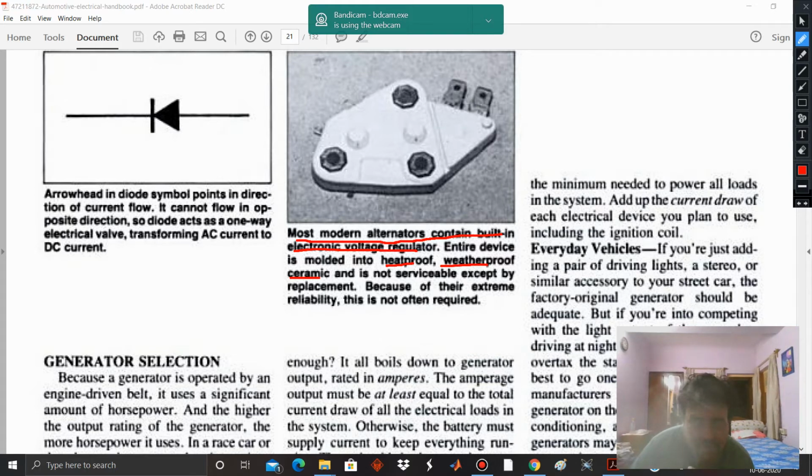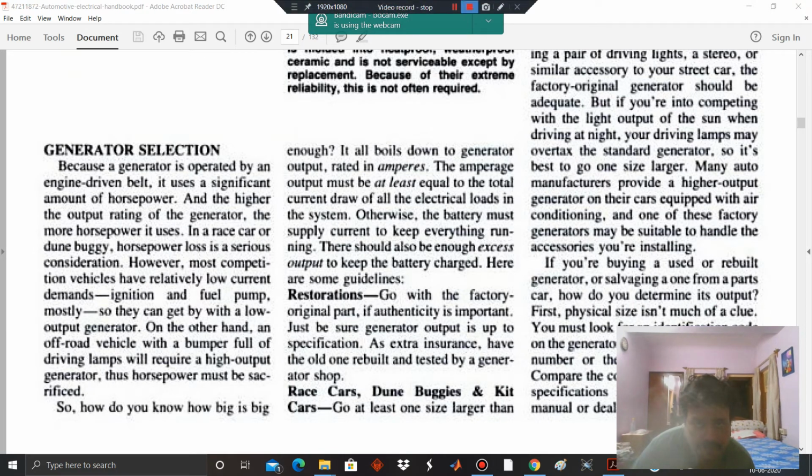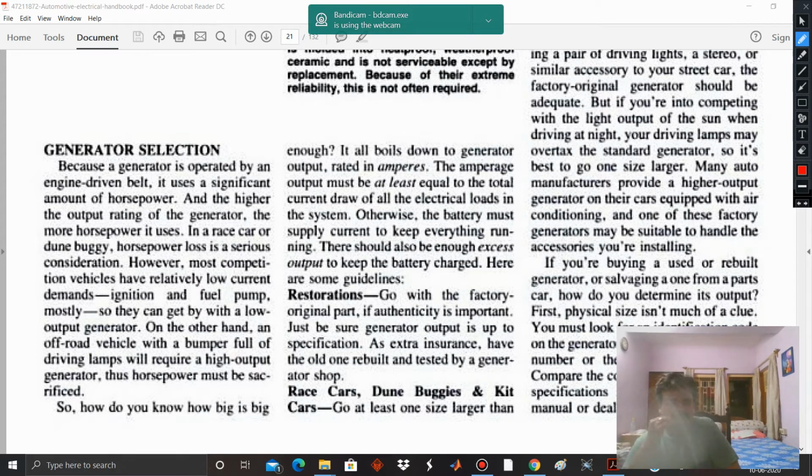Now let us study how we select an alternator for application in an automobile. You see, because a generator is operated by an engine driven belt, it uses a significant amount of horsepower, and the higher the output rating of the generator, the more the horsepower.